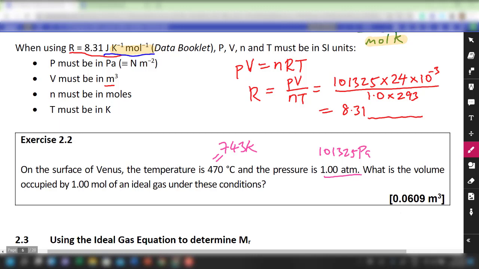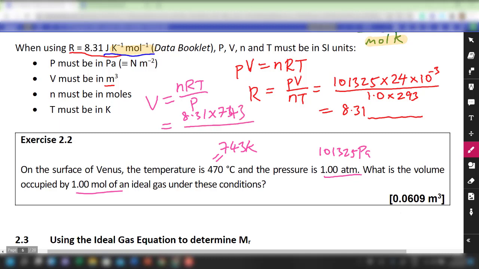Basically, just sub into the ideal gas equation. So we have PV equals nRT. We want the volume, so the volume equals nRT over P. n is 1 because you are given 1 mole, and R is 8.31. Temperature is 743 Kelvin.